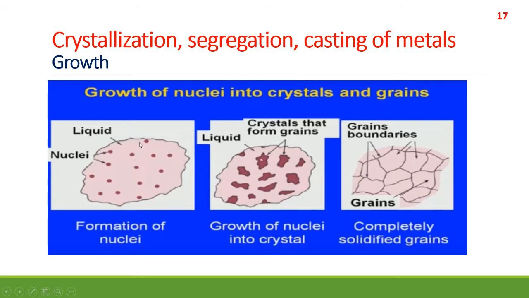So first we see the liquid phase, where the small nuclei will appear after a certain temperature or after certain undercooling, and then you see these nuclei will grow, and finally you get the grains of solid material here in the third picture. So here you see completely solidified grains, and there are grain boundaries, and this is how the grains are formed. So now we understand how the grains formed during solidification.